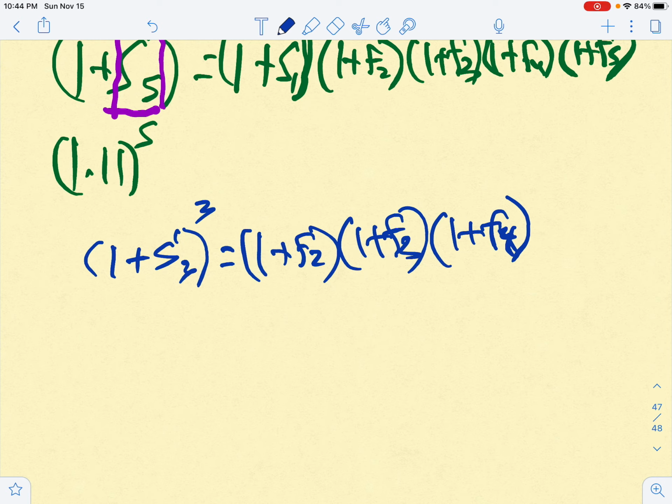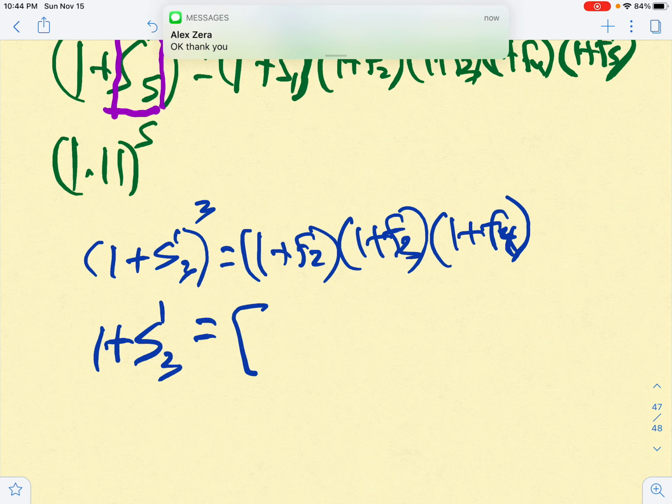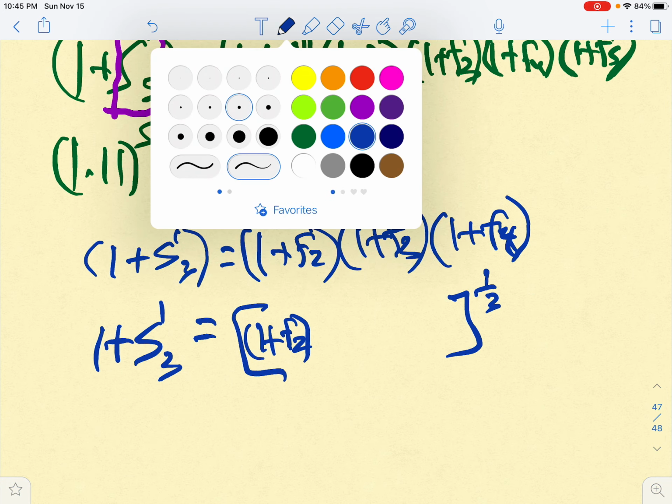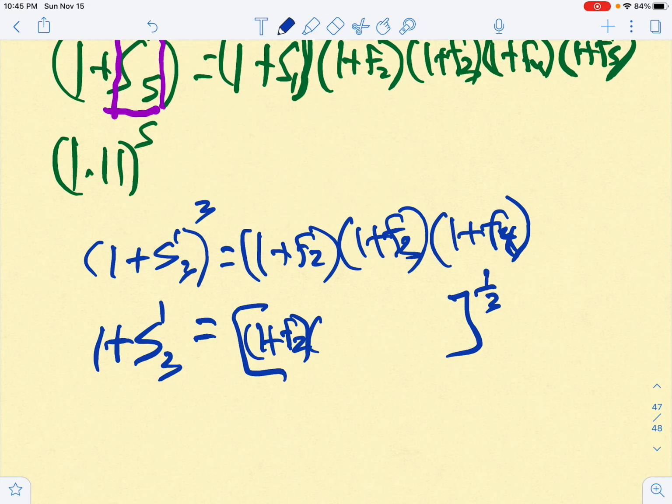Now you can see when you solve this, you're going to take the cube root of both sides. So here you're going to get 1 plus the 3 period spot rate expected at date 1 is equal to the cube root of 1 plus F2 times 1 plus F3 times 1 plus F4.